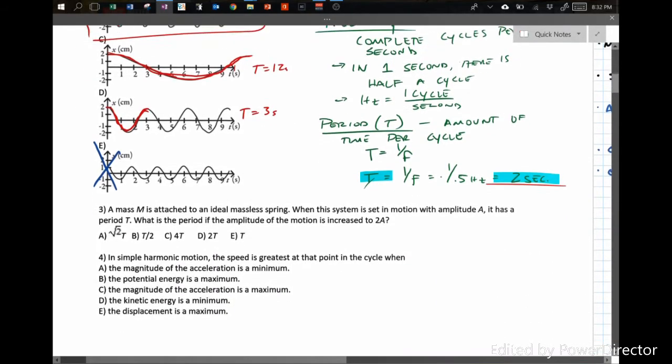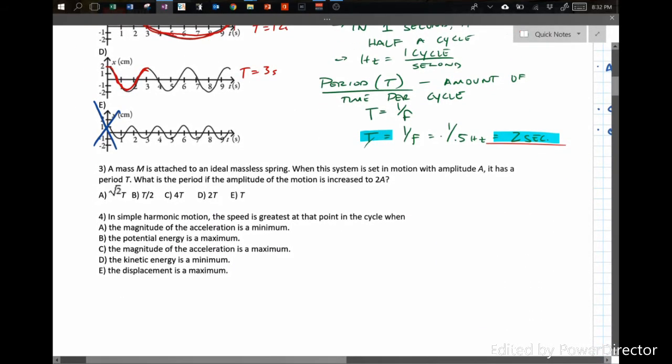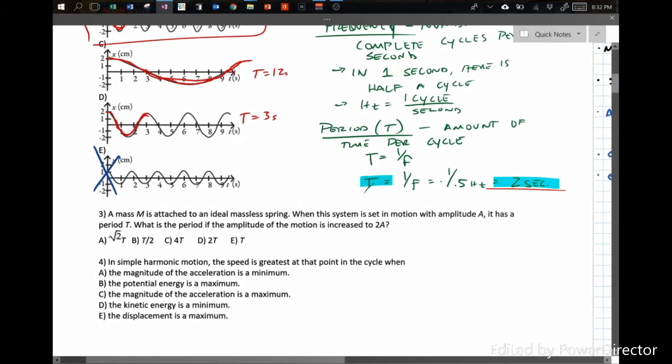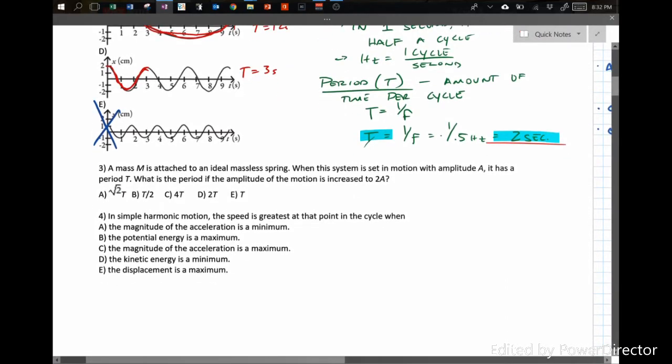All right, number 3. A mass M is attached to an ideal massless spring. When this system is set in motion with an amplitude A, it has a period of T. What is the period if the amplitude of the motion is increased to 2A? Here's the deal.